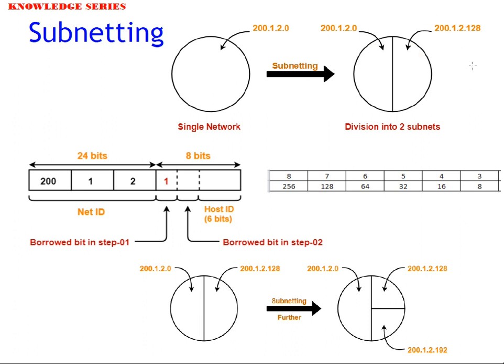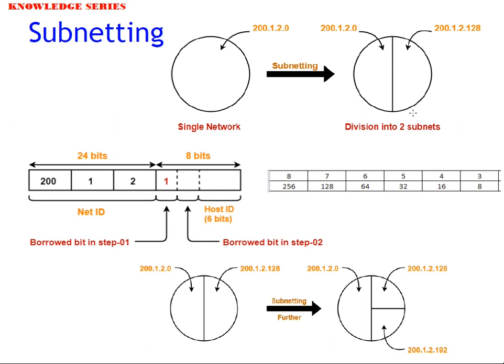A single network is shown with the IP address in decimal form 200.1.2.0. When it is divided into two parts, we have a range of 200.1.2.0 to 200.1.2.128. How was this obtained? When we do subnetting, we take the network ID as it is, and from the host section we create the particular masking.